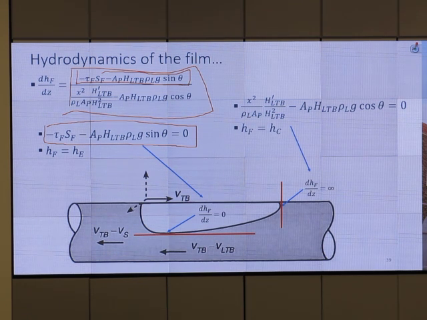And the equilibrium height is minus tau f SF minus AP H rho G sin theta equal to 0. Then you can find the liquid hold-up in the film. Isn't this great? Liquid hold-up inside the film is very important for the hydrostatic term, right? Very important. So by this method, use just one equation, which is that equation, to get the liquid hold-up or film height, HLTB. Yes, HLTB.